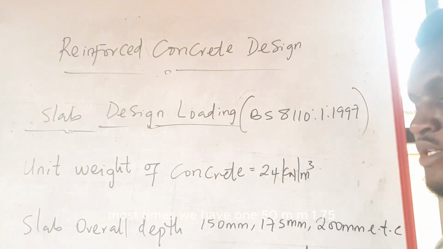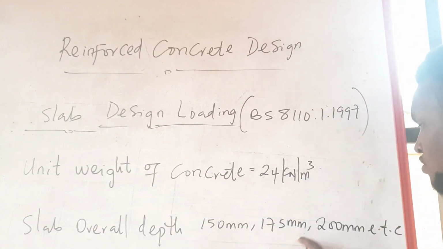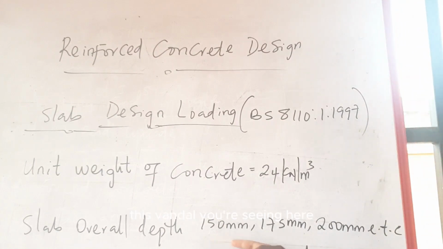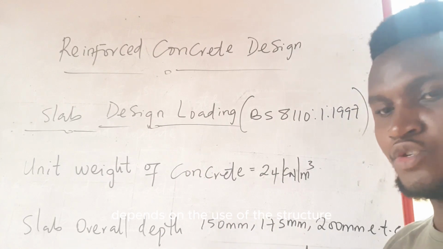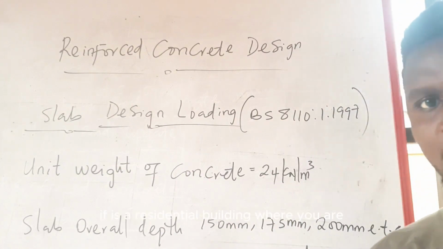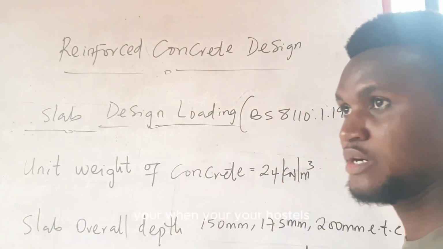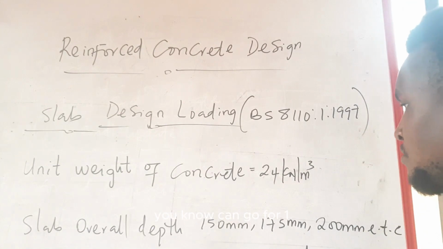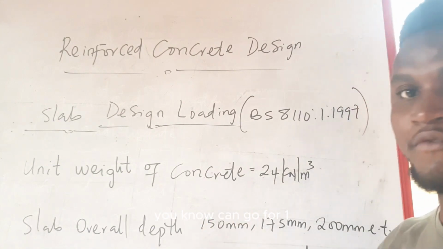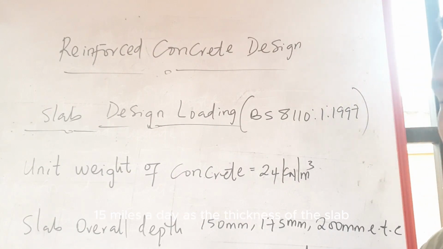slab. Most times we have 150 mm, 175, 200 mm, etc. Now this value that you're seeing here depends on the use of the structure. For instance, if it's a residential building where you have your hostels, the normal house where we live, can go for 150 mm as the thickness of the slab.